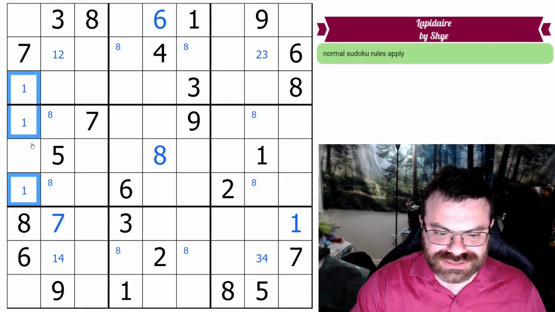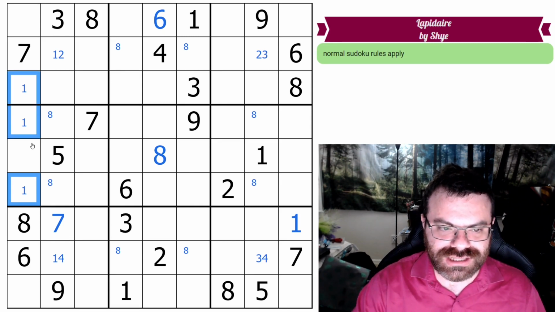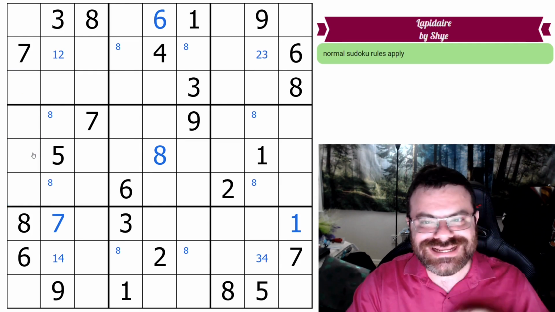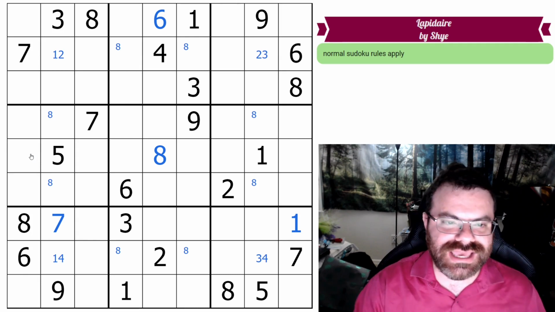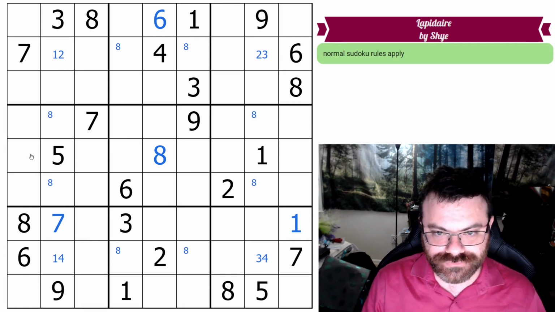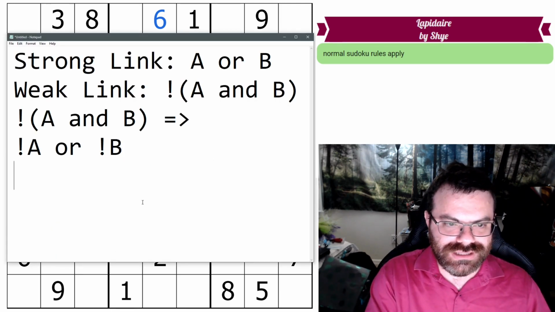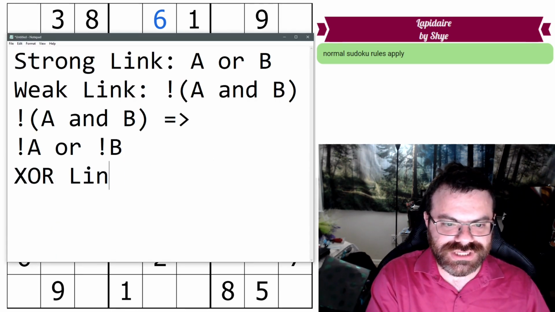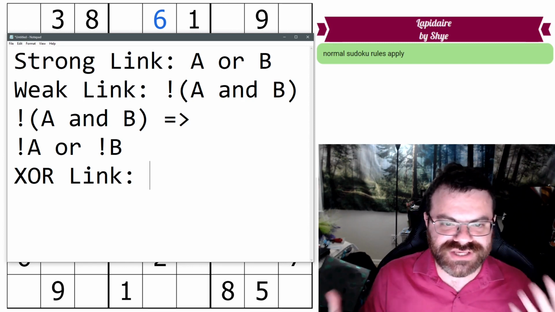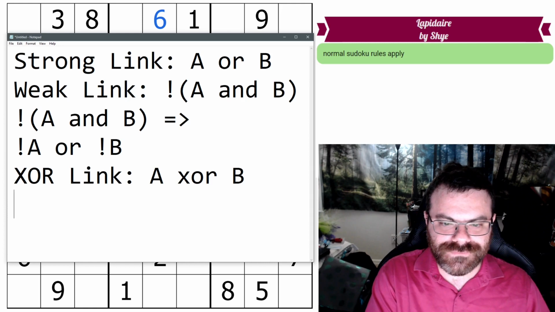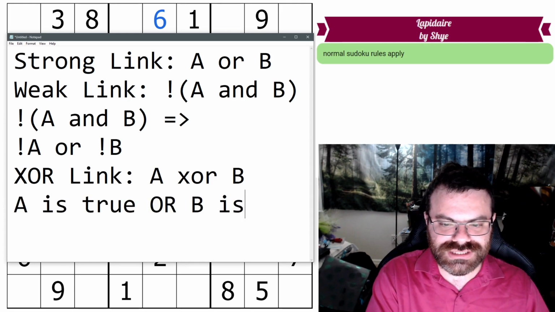You can also say that for strong links, there is not necessarily a weak link, but you can have a link be both strong and weak. And that would be the XOR condition. Some people call that an XOR link. You could call it just as separately having a strong and weak link, but that's A XOR B, which means A is true or B is true, but not both.